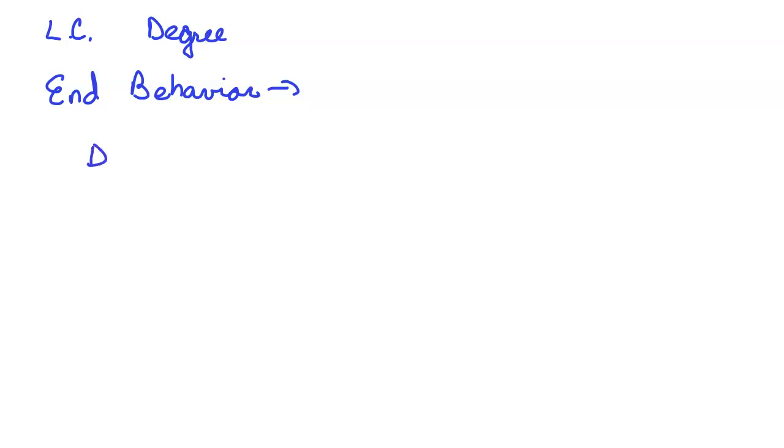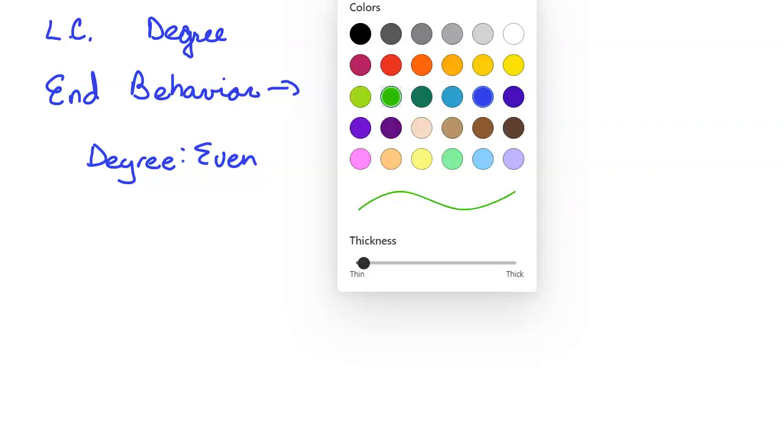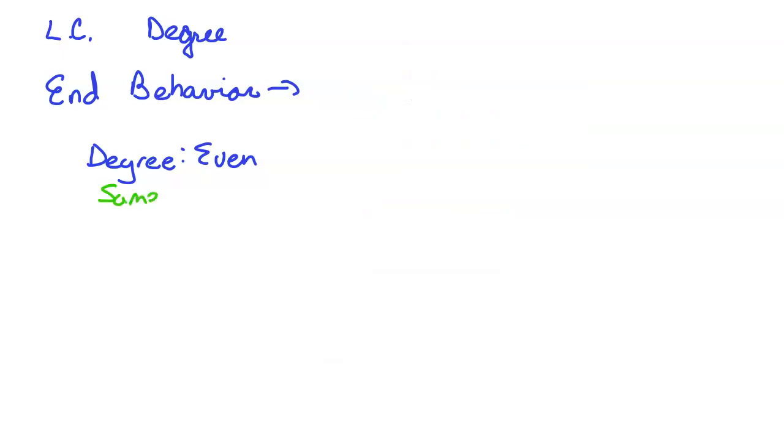So if our degree is even, so that means 2, 4, 6, 8, that type of thing, our end behaviors are going to go in the same direction, just like our quadratics. So that means they're both either going to go up or they're both going to be going down.